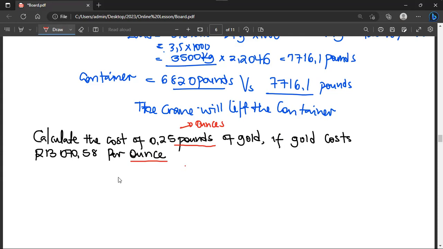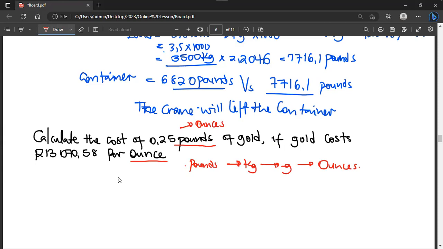Remember we said now we have pounds, they equate to kilograms. Then ounce equate to grams. So you cannot change kilograms to ounce straight away. You need to first change them to grams. And afterwards we shall change them to ounce. That's the trick. Why? We need to know the cost.